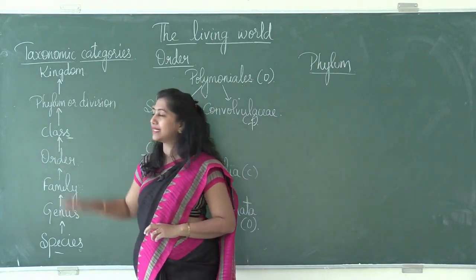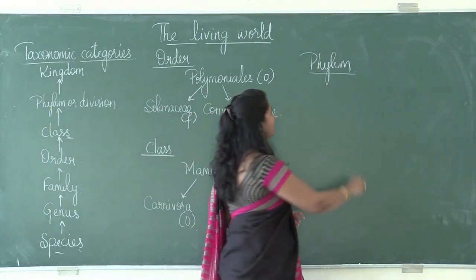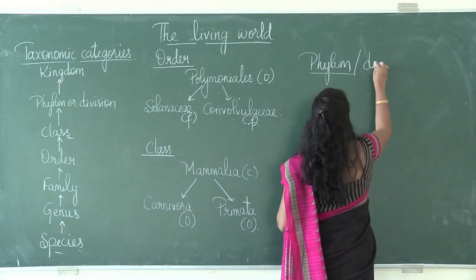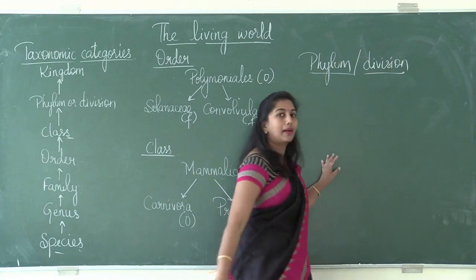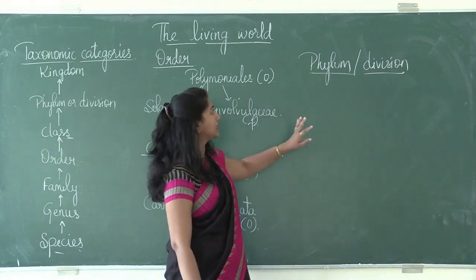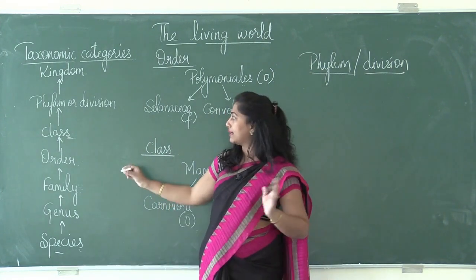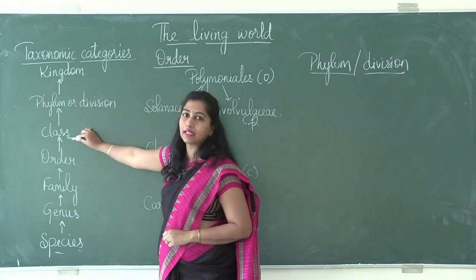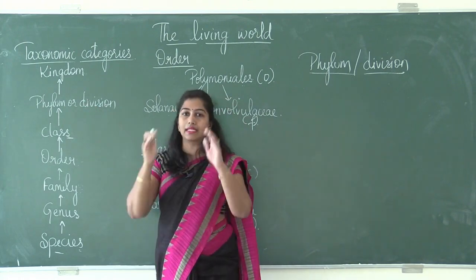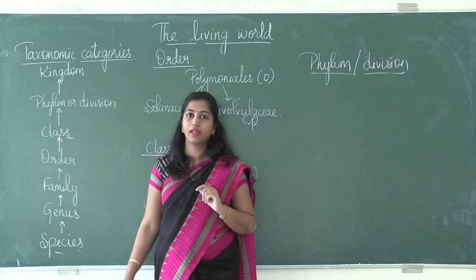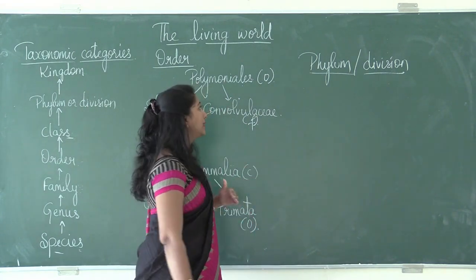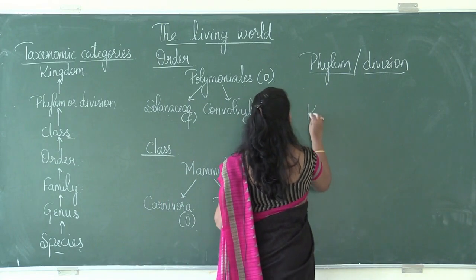Usually phylum is the term we use for animals, and division is the term we use for plants. Even in plants and in animals, a group of related classes will be put under a single phylum or single division. We go to the next higher category, that is kingdom.